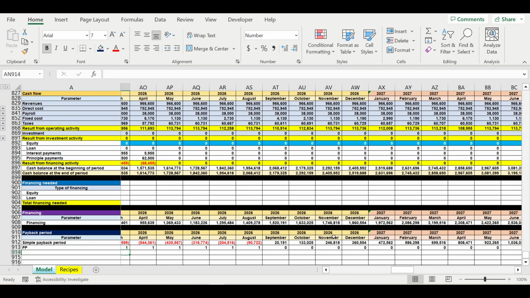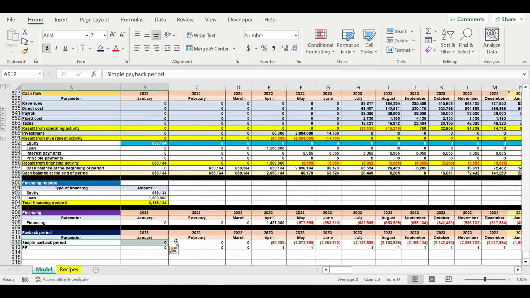And what we can do now is create a diagram for this line to create a picture of the payback period. So let me do the following.